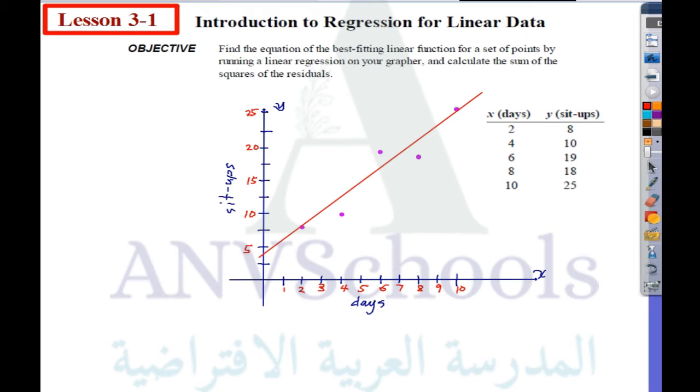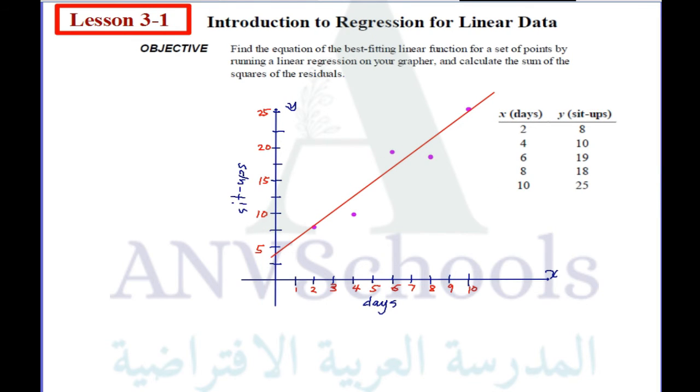Let me fit them perfectly because we had some inconsistency with the grids. So let's fit them here and here. As you can see now, there are 3 more points left which do not belong to the straight line.